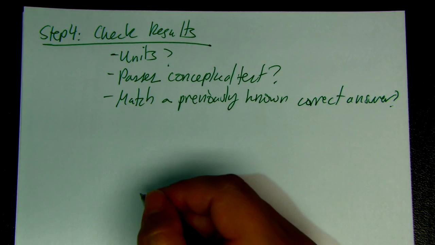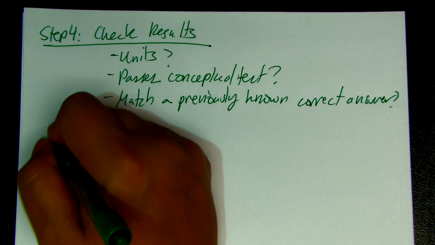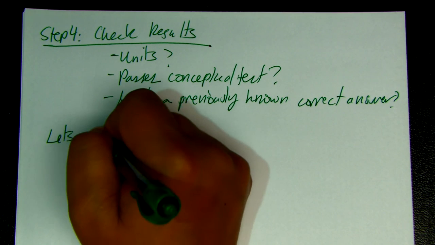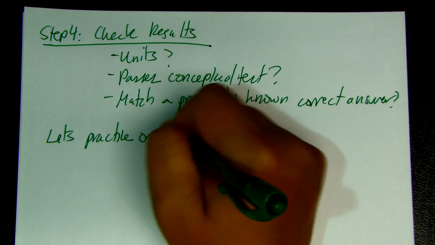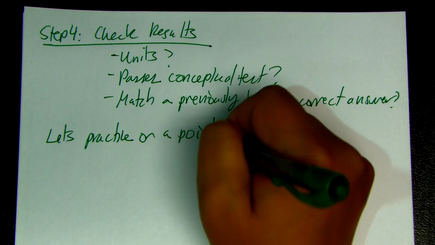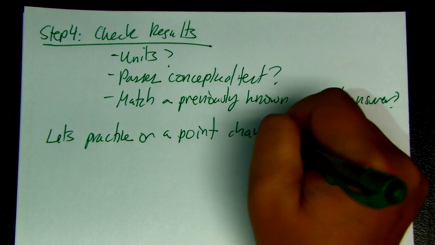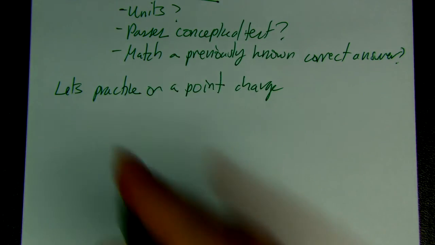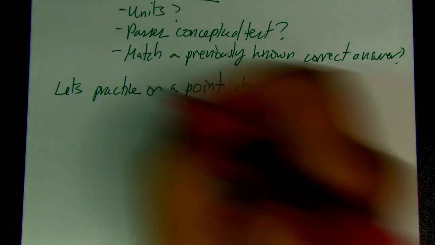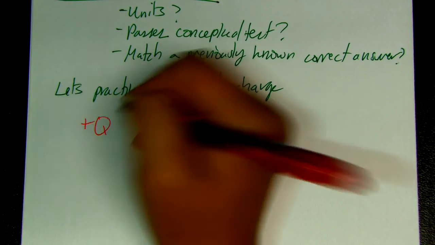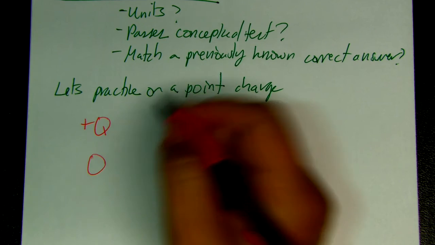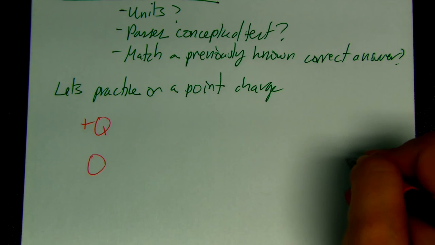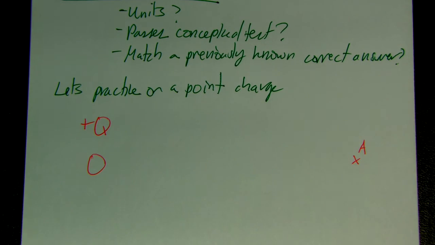All right, so let's practice this on a point charge. We're really familiar with point charges at this point. So we have our point charge plus Q, there it is. And we're going to look at it right here. Here's our observation.